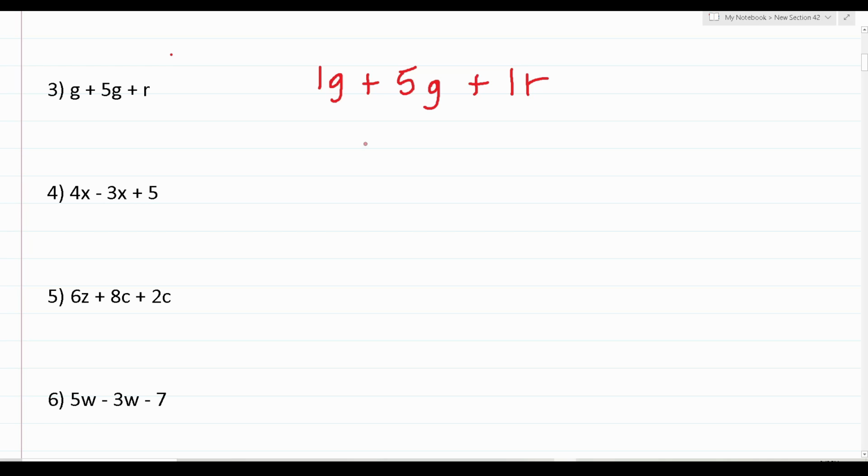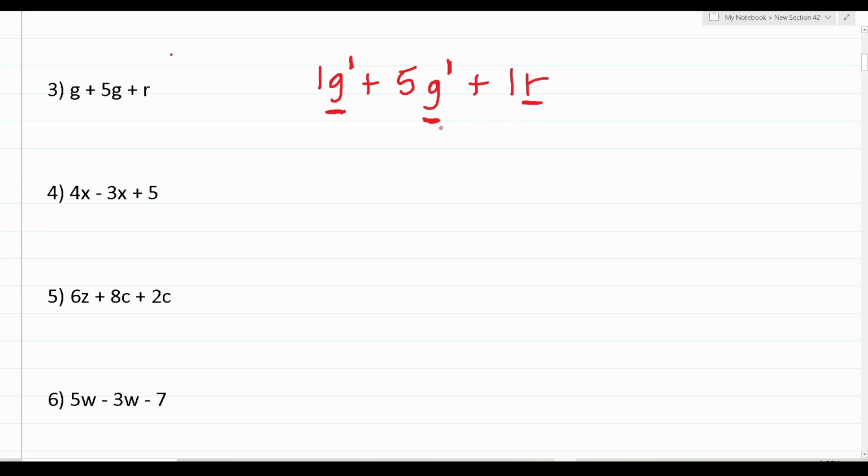So again, according to the definition, like terms have to have the same letter variable as well as the same power. So in 1g, we have the letter variable g, and it's raised to the first power. In 5g, we have the letter variable g, and it's raised to the first power. And here we have the letter variable r.